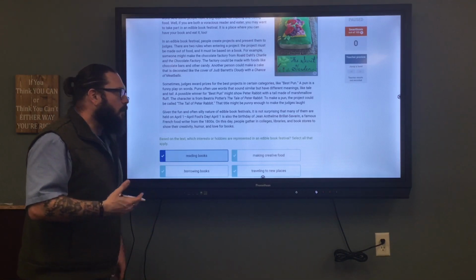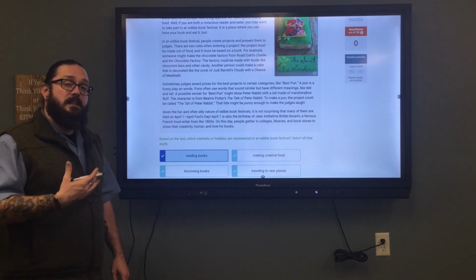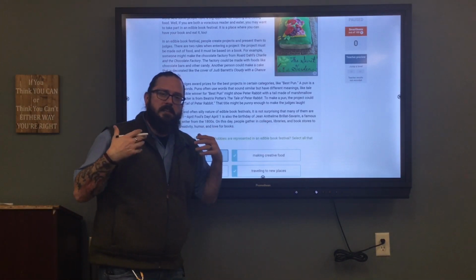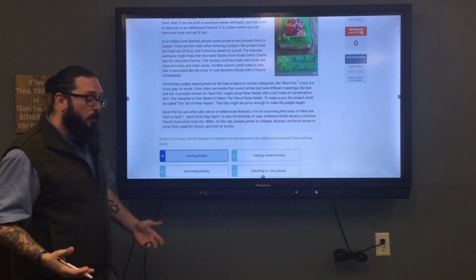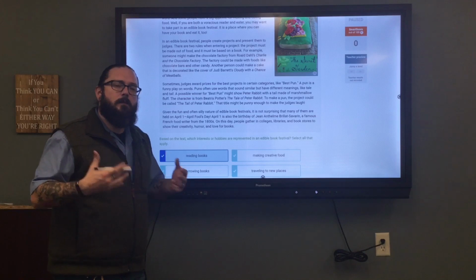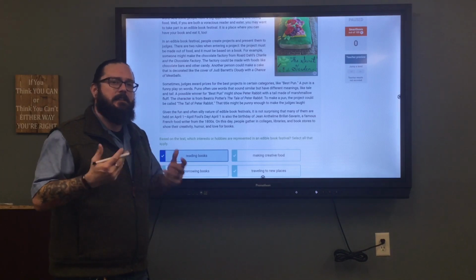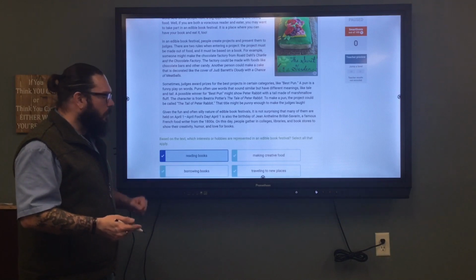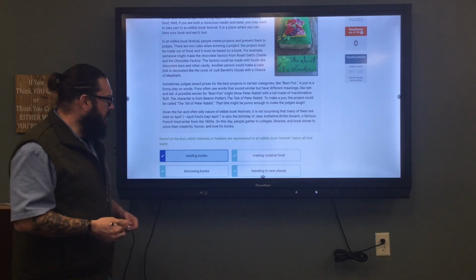Now, even though it mentions that these events take place at a library, which is where we typically go to borrow a book, the passage itself doesn't really talk about the act of borrowing books. So in this case, borrowing books is not really discussed in the passage.